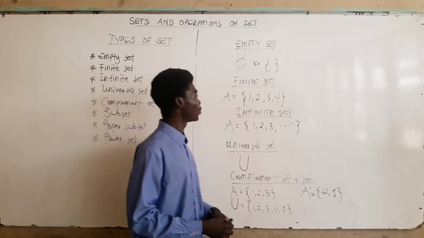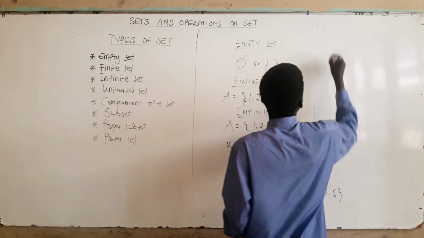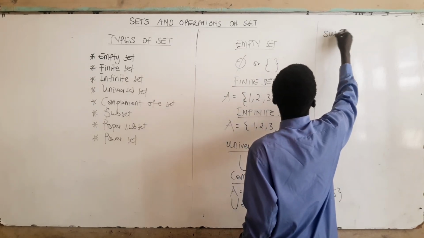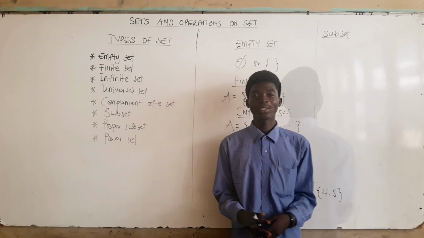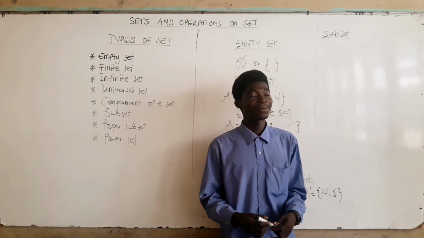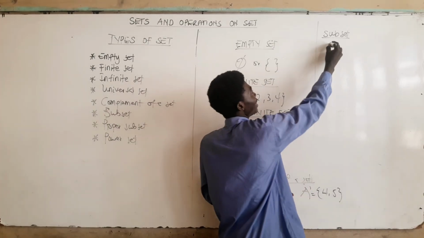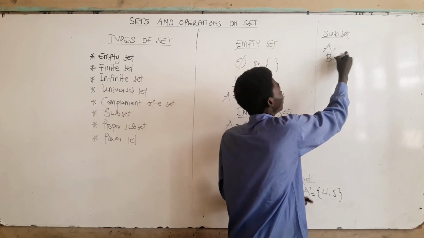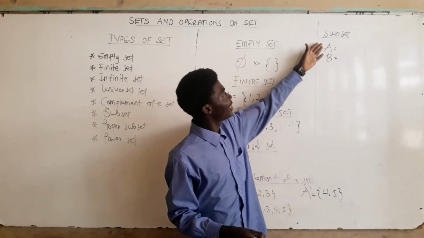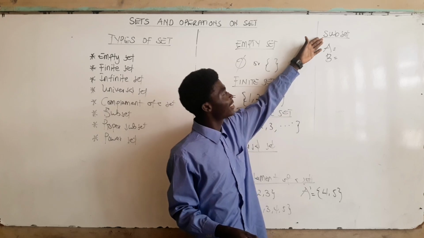Now let's move on to the subset. I'm going to explain the subset using two sets here. A is a set, B is a set.